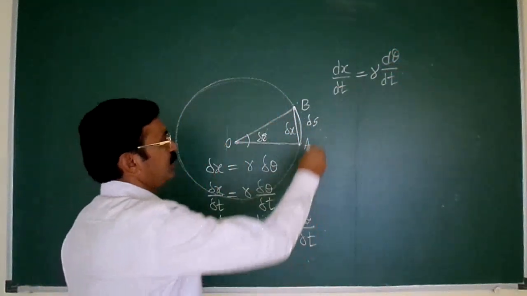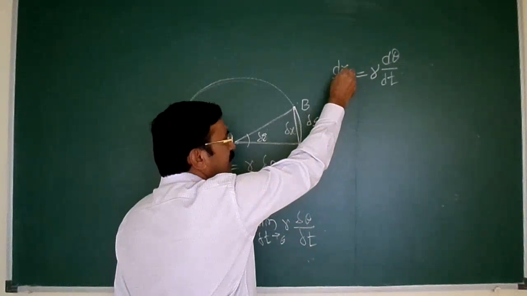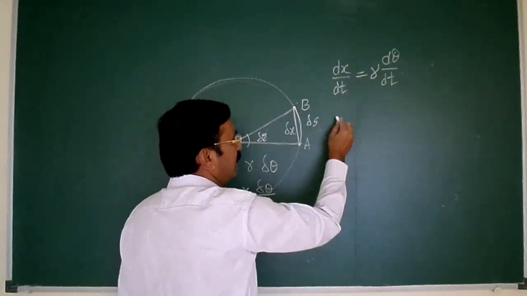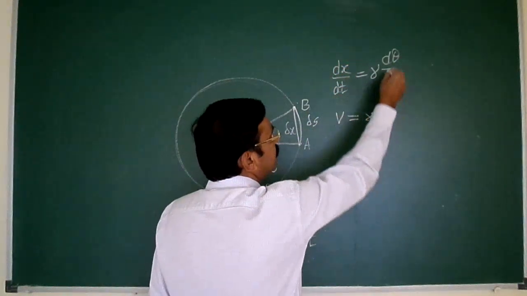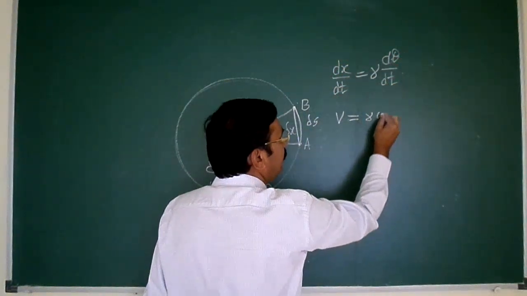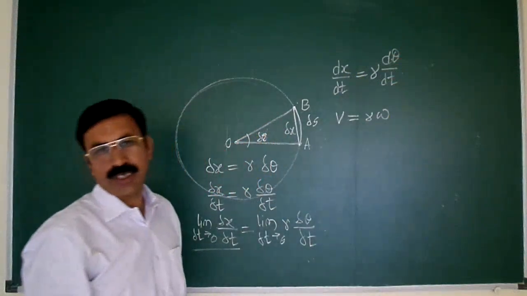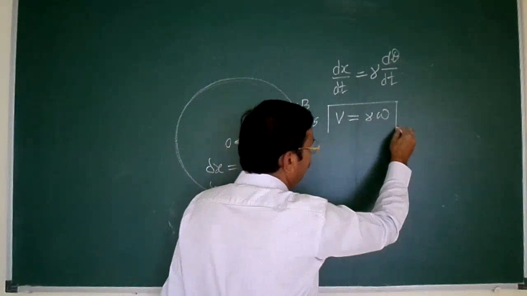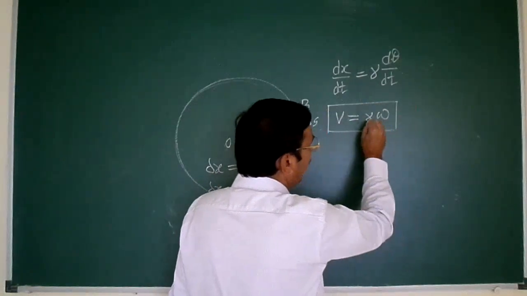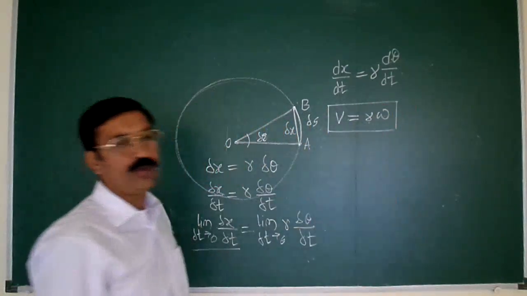So by definition, the rate of change of linear displacement with respect to time is linear velocity, which is equal to r times d theta upon dt, the angular velocity omega. And so we get the relationship linear velocity v is equal to r times the angular velocity omega.